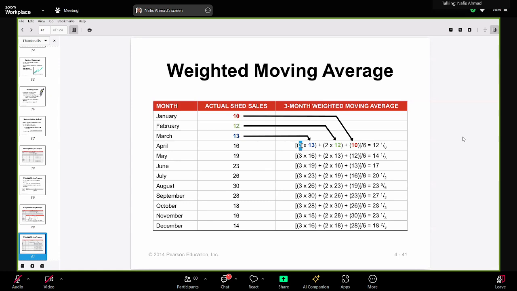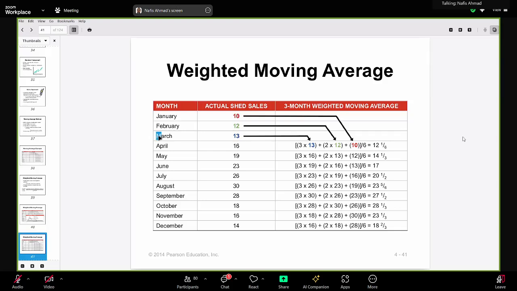So we multiply 13 by 3, multiply 12 by 2, and multiply 10 by 1. Then divide the summation by the total weight, 6.